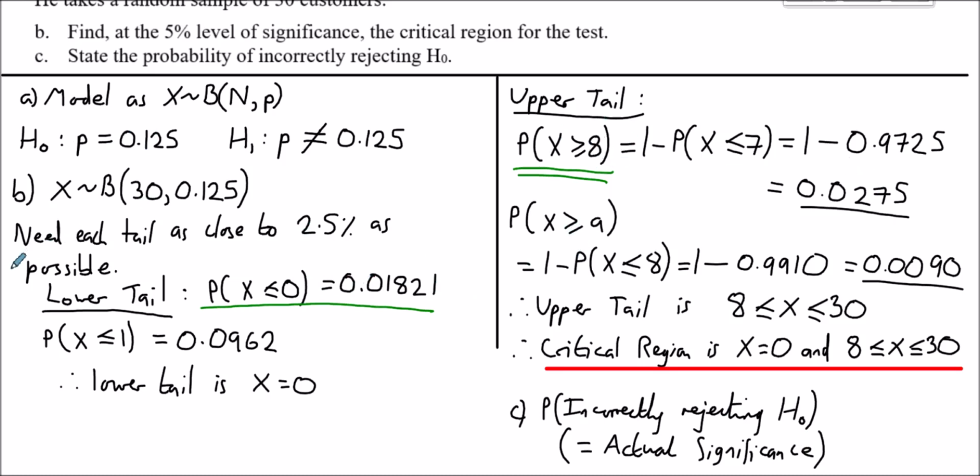Yet H0 being correct, because it just happens to fall into these two, we reject it for the wrong reasons. Not actual significance, I mean actual significance level, sorry. Must be very tired today.